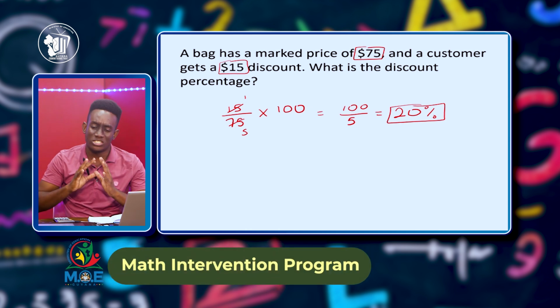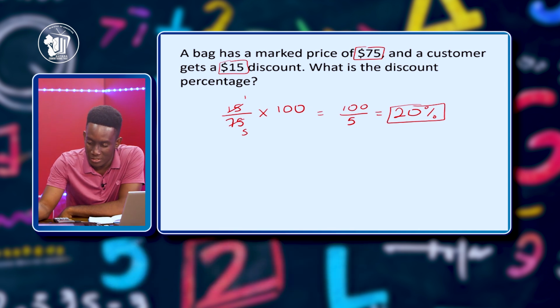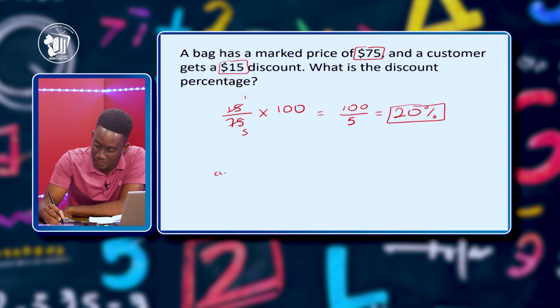Of course, we can check to see if our answer is correct. So this is the discount percentage. What we can do is find 20% of $75 and see if we get 15. So we're checking again. It's 20 over 100, percentage is always out of 100, multiplied by 75.